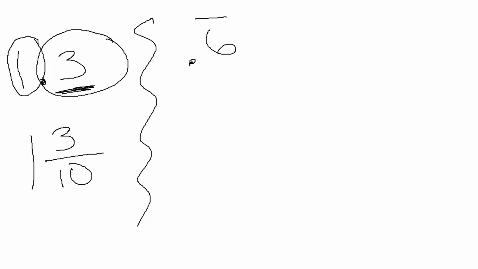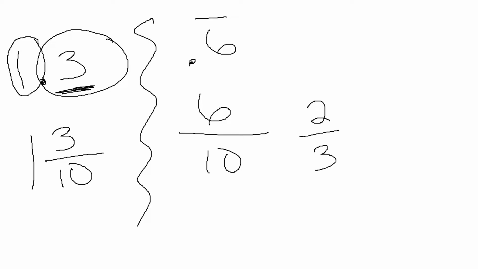So when I have a decimal that never ends, I don't have an ending place value. So what I'm going to do is just use what's written. 6 as a whole number over 10. That can be reduced. They can both be divided by 2. So this is almost 2/3. It's obviously not going to be exactly 2/3 because 0.6 goes on forever. But just take whatever's repeating.